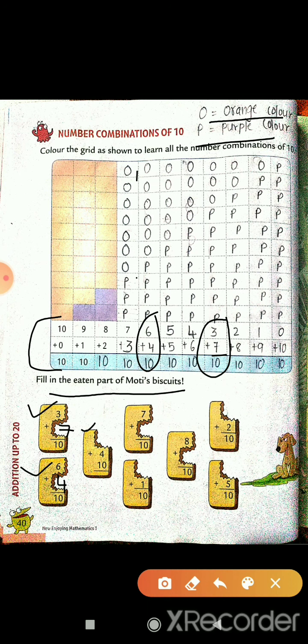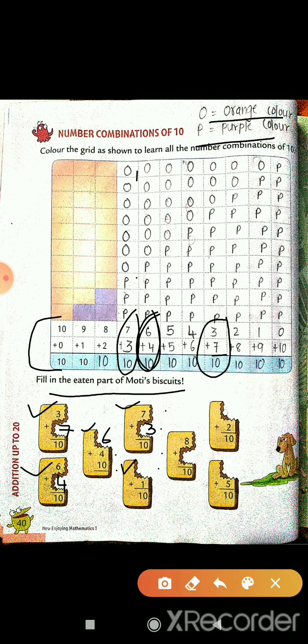Next, dash plus 4 is equals to 10. So again, 6 plus 4 is equals to 10. So 4 is already written. So you will write here 6. Next, 7 plus dash is equals to 10. So 7 plus 3 is equals to 10. Got it, students?